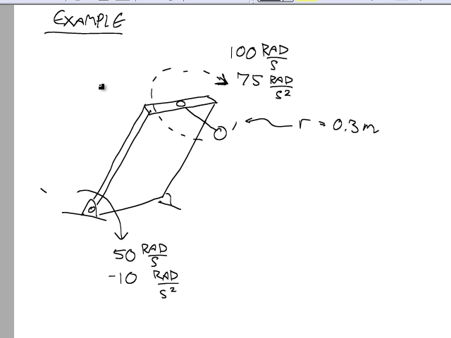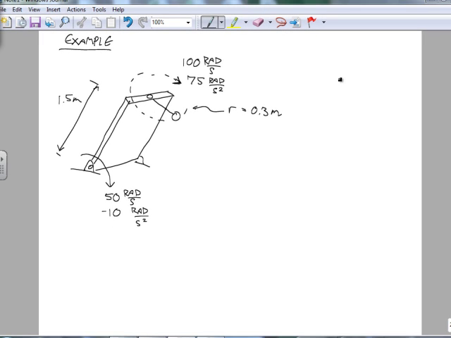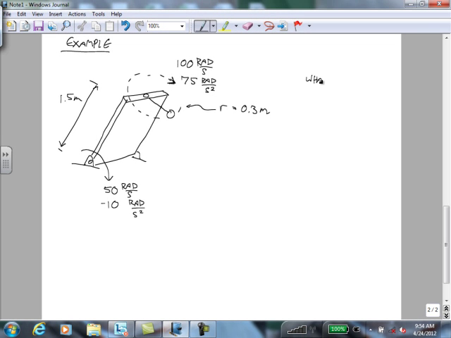Okay. So that we're all on the same page with a coordinate system, let's use a coordinate system that's oriented this way. So X, Y, Z, and you can locate the origin wherever you want.